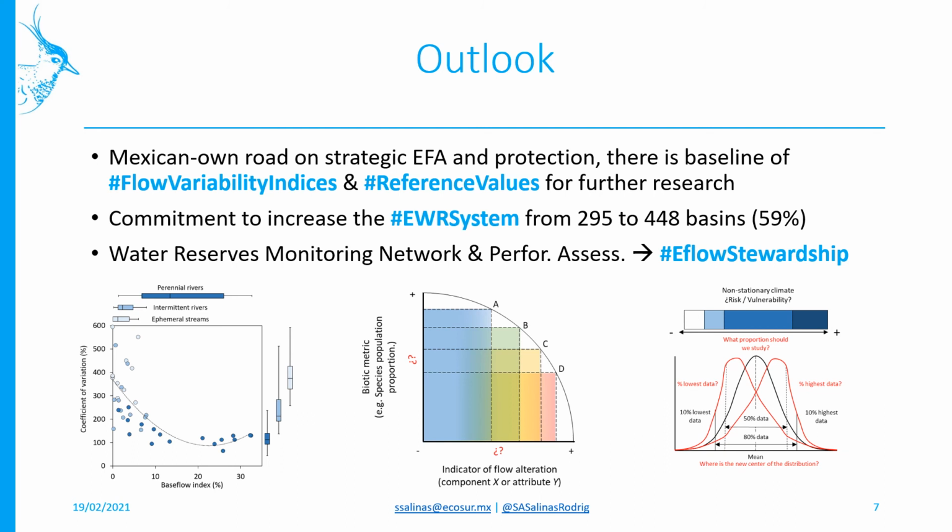Designing and implementing a water reserves monitoring system to perform regular assessments over time, including rural communities, and demonstrate their climate adaptive capacity is the current task towards achieving an E-flow stewardship that is both socially and climate sensitive and comprehensive.